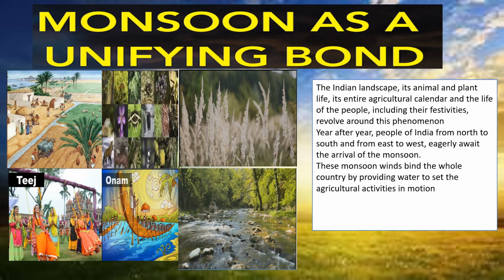Year after year, people of India from north to south, east to west, eagerly wait for the arrival of monsoon. These monsoon winds bind the whole country by providing water to keep the agriculture activities in motion. So from these 3 points, we can understand how monsoon acts as a unifying bond and how it unites all the Indian people under one roof.